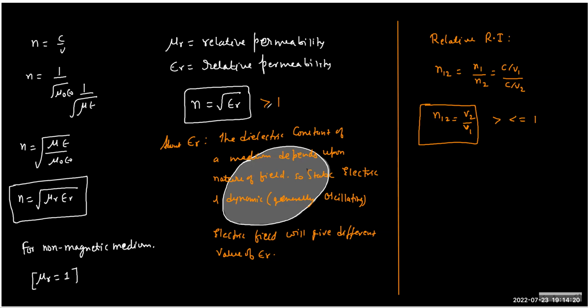In fact, the actual formula of this epsilon r is something like 1 plus big complex terms here. So it always comes out more than 1. So no matter what you do, you are going to get an answer more than 1.